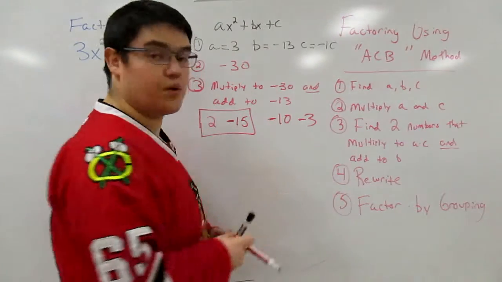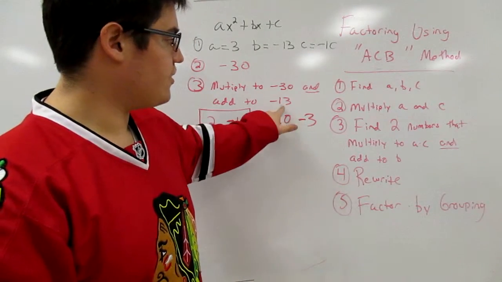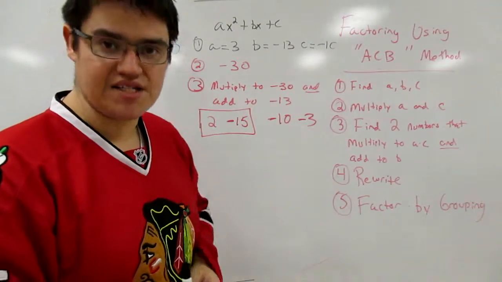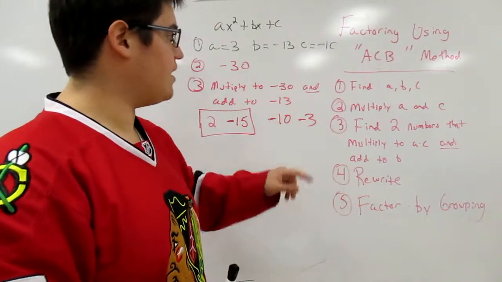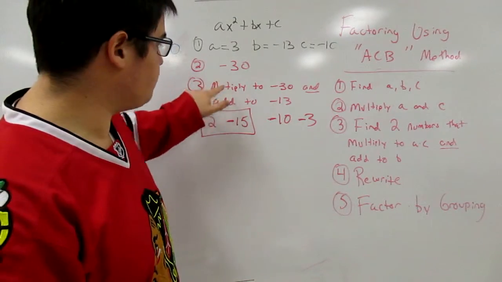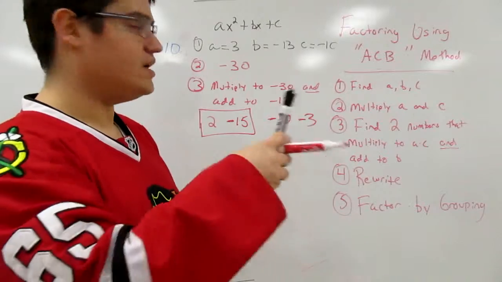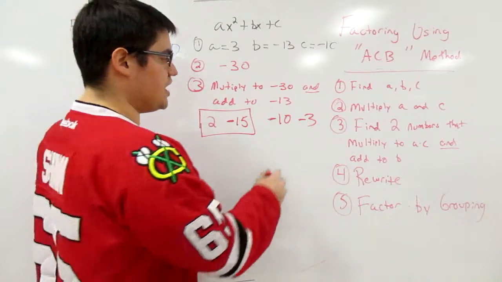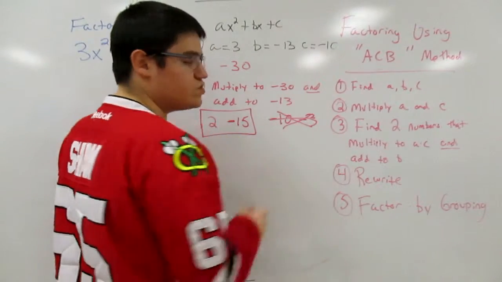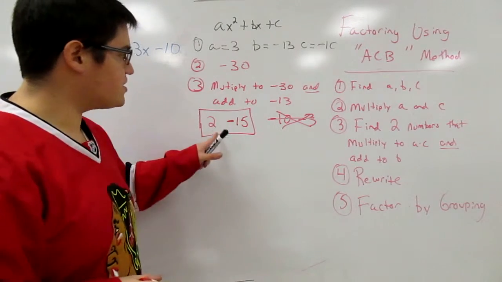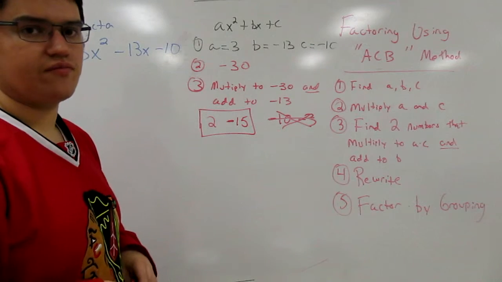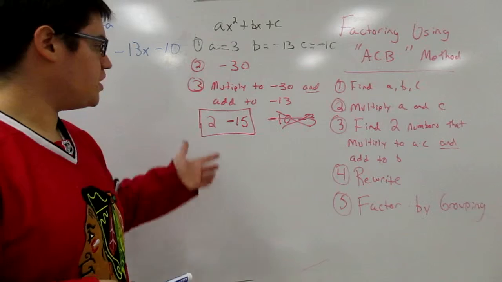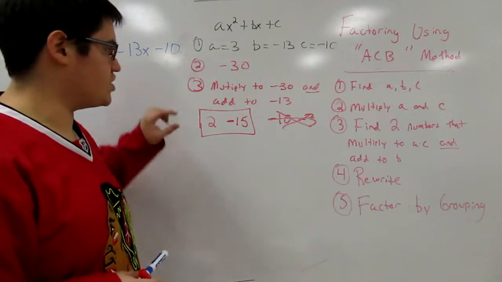But if you make both negative, yeah, they add together to negative 13, but negative 10 times negative 3 is a positive 30. So it violates that. And remember, the numbers have to do both of these: multiply to negative 30, and add to negative 13. So that's why those two don't work. These satisfy both of them. So you just got to be careful there. Sometimes you're going to get a situation like this where they both work, but you got to use the logic a little bit to make sure it satisfies both.